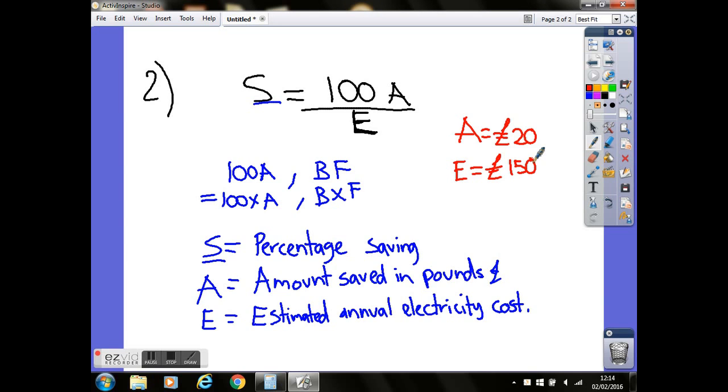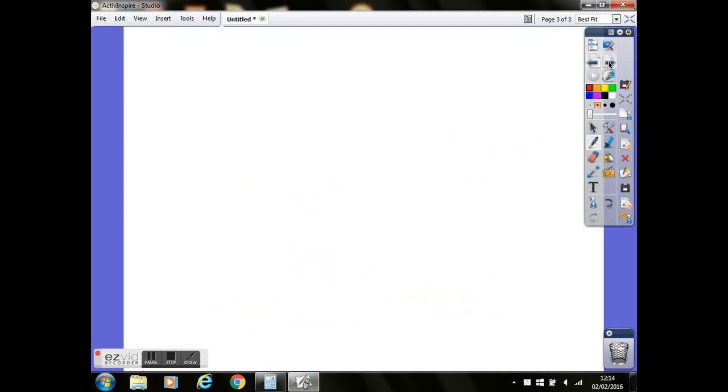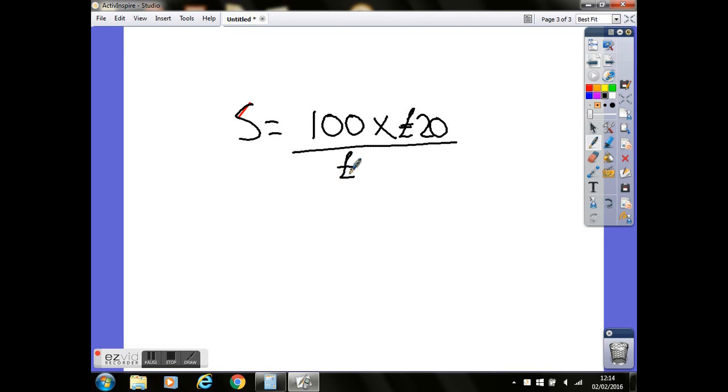So if we go into a new page, S equals 100 times A, which we now know to be £20, all over, which means divided by E, which we now know to be £150.